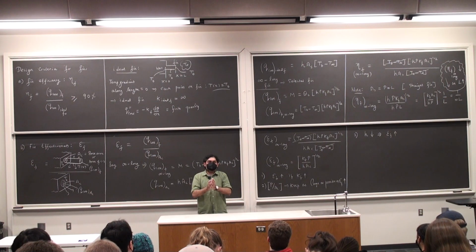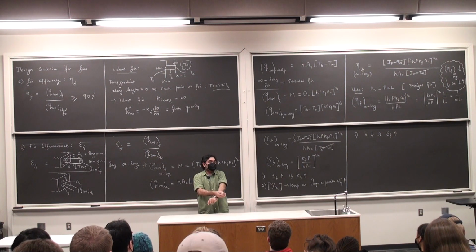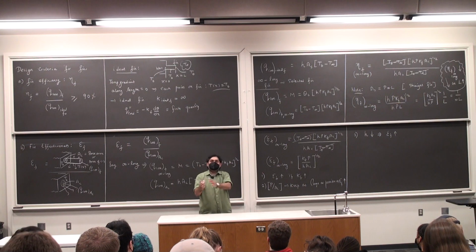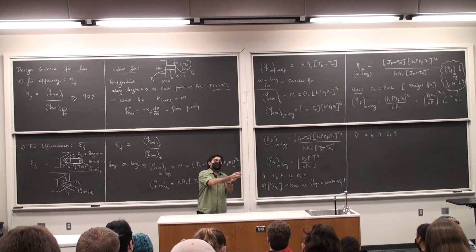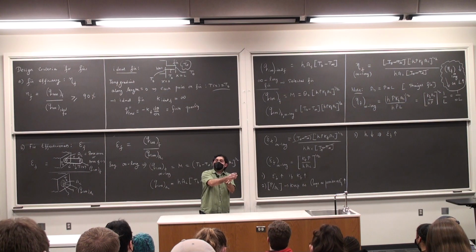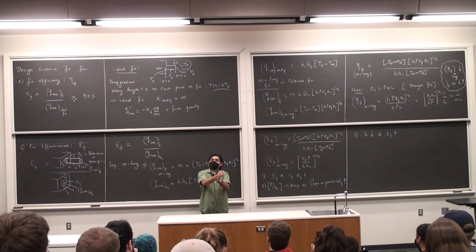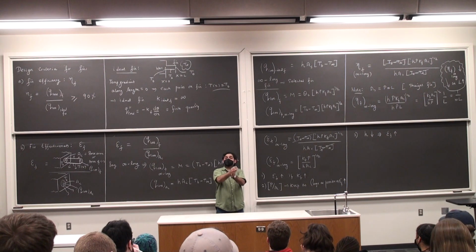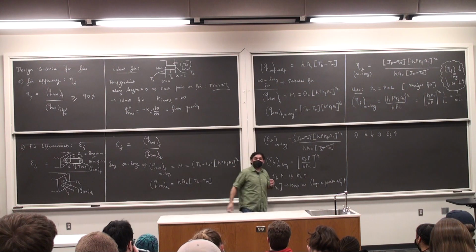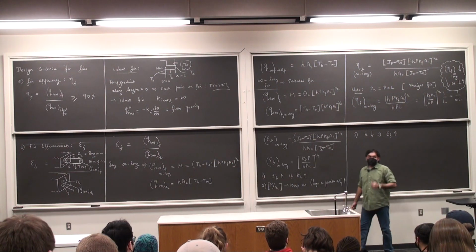So I have an engine. I want to place some fins on it. Do I place it on the side where I'm sending in cooling fluid, liquid, or am I placing it on the gas side? The reason you want to place it on the gas side is because the convective heat transfer coefficient for gases is lesser than for liquids. And if that is the case, your effectiveness is gone.